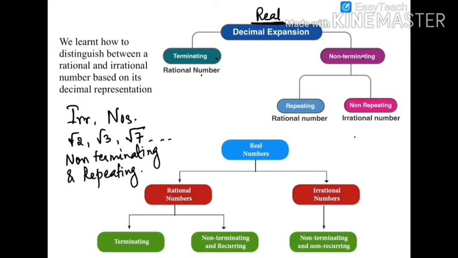The same chart can be written in a different way. Real numbers are of two types, rational and irrational. When converted into their decimal form, a rational number will be either terminating or non-terminating recurring. When we convert irrational number into its decimal form, it will be non-terminating, non-recurring.